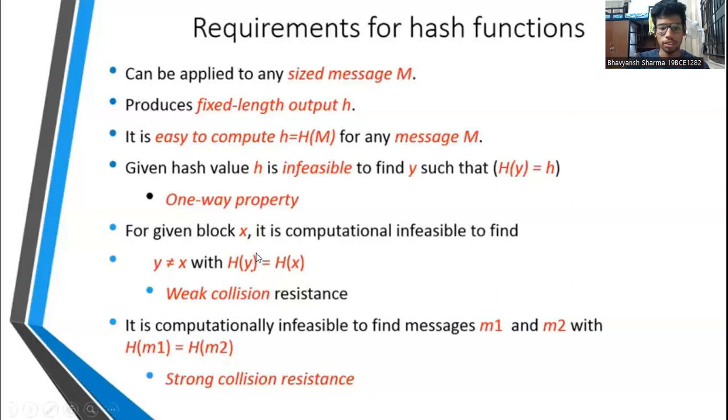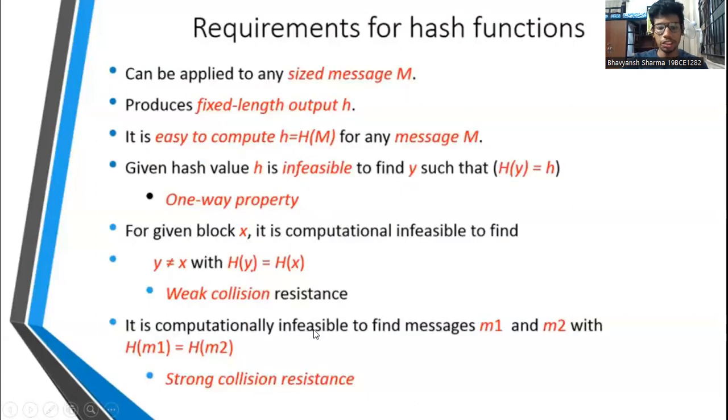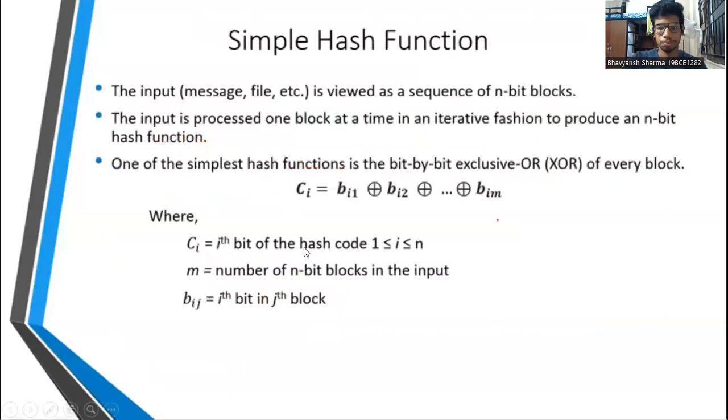This is called the collision resistance of a hash function. It should not happen. Third, it is computationally infeasible to find messages M1 and M2 with H(M1) equal to H(M2). As we discussed just now, it shouldn't have collisions.